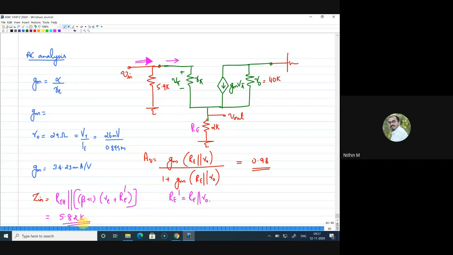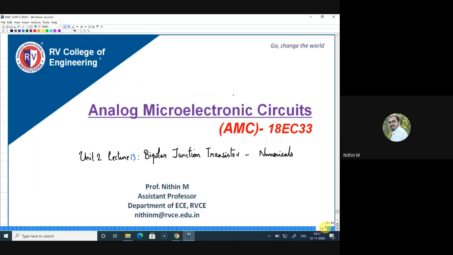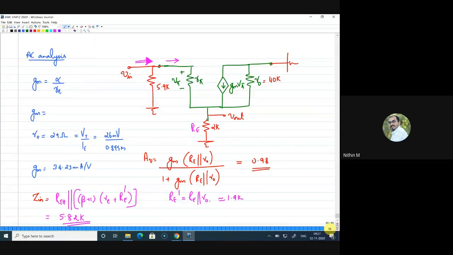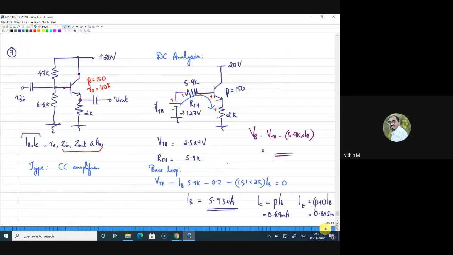So your Re dash is Re, 2K, parallel to 40K. This will be close to 1.9K, and plus small r into beta plus 1. I think beta we have taken as 150, right? Yeah, beta is 150.